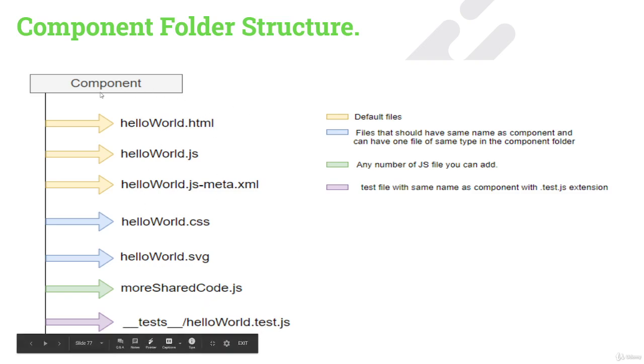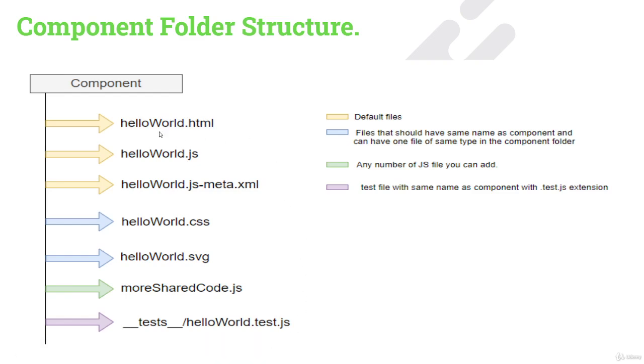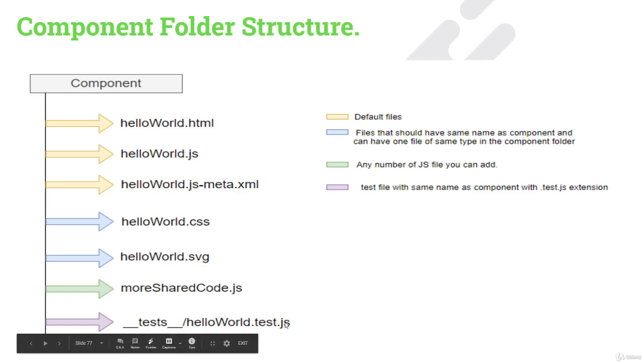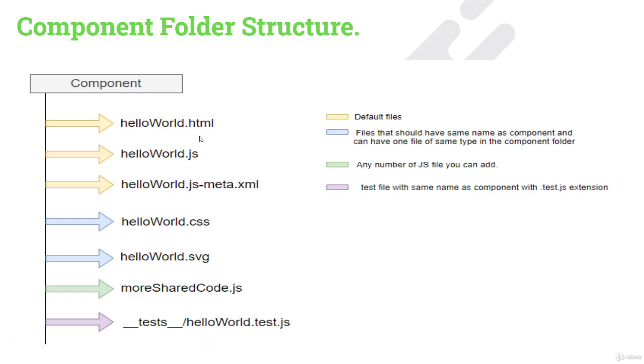So this is the full-fledged component structure that you can create. By default, of these, most commonly we're going to use the CSS file. The rest we'll see very rarely in real time, unless we start writing test cases. But most commonly these four files are going to be useful in real time.